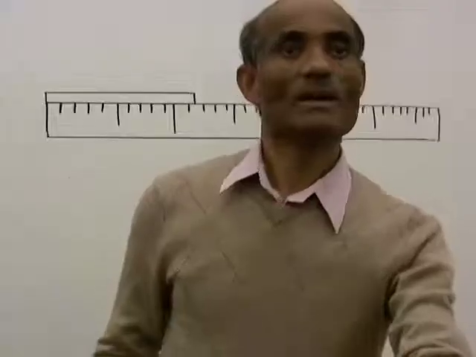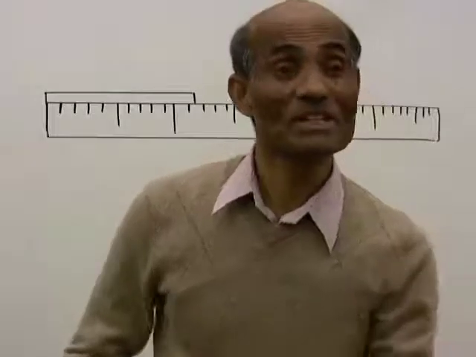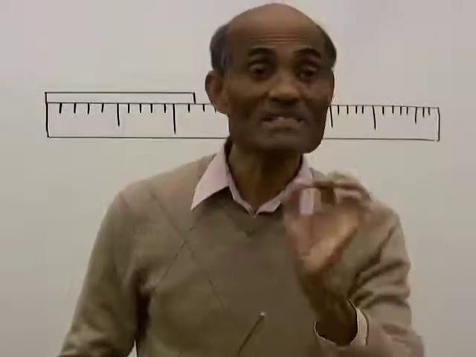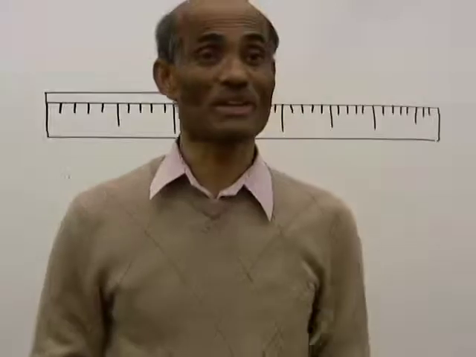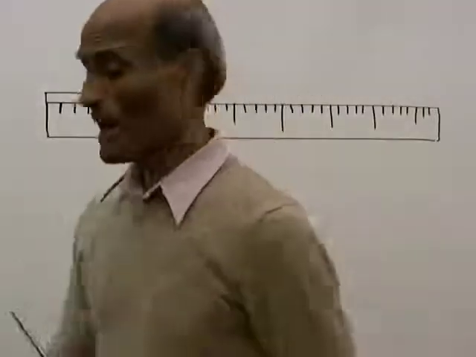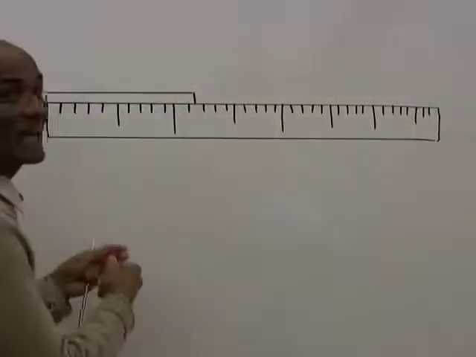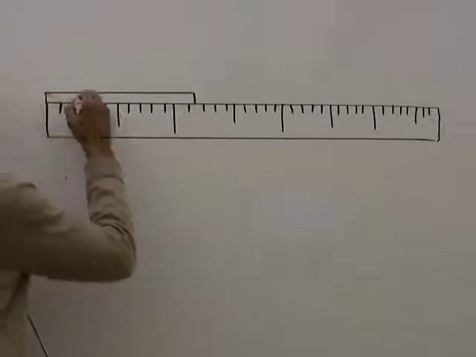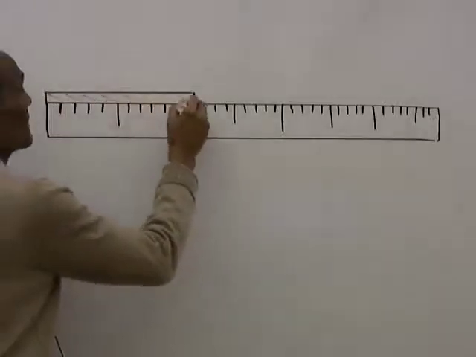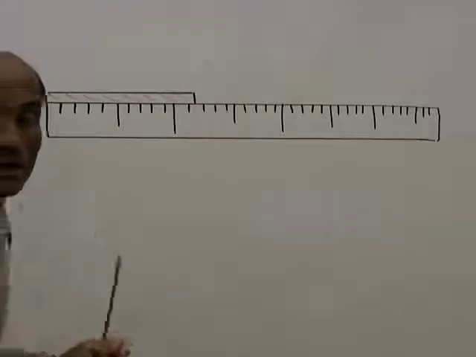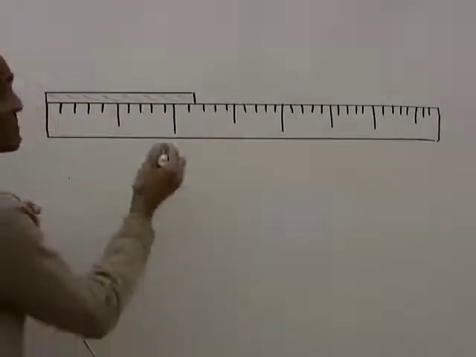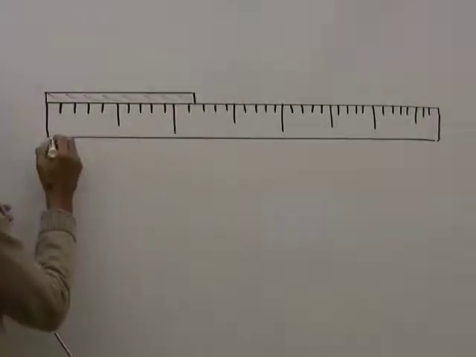Okay, how do we measure distances that are less than a millimeter accurately? For example, I want to measure the length of this rod that I have kept on a ruler. Now, this ruler is marked in centimeter and millimeter.